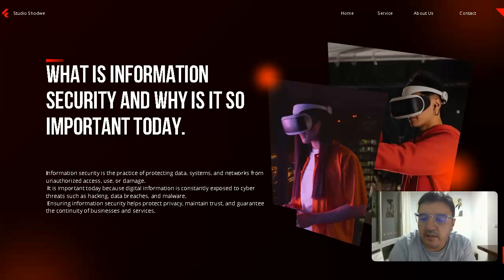Remember that information means money, and for these reasons organizations focus all their departments against cyber attacks, and invest a lot of money to defend that information. Ensuring information security helps protect privacy, maintain trust, and guarantee the continuity of business and services.